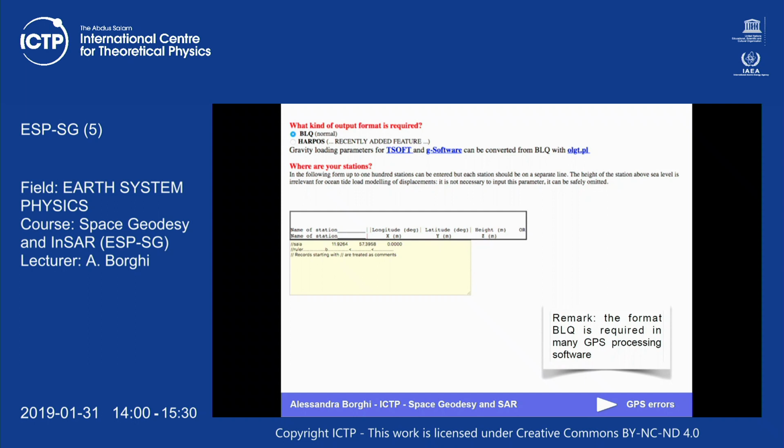When you set up a new GPS network, you have to provide this information. This information gives you a model of the tide, but it's a static model, so you don't have to check and update this file every day or every month and so on, as you have to do for the orbit.